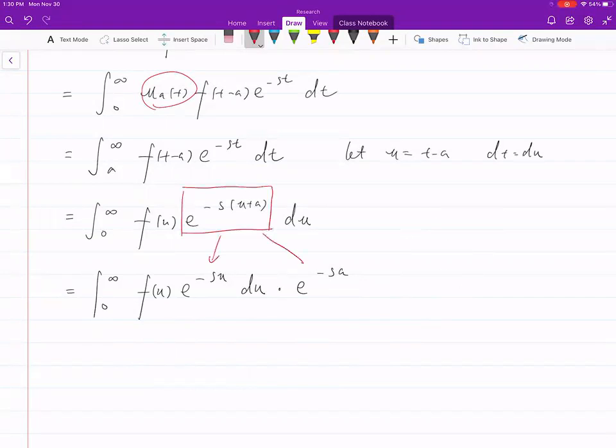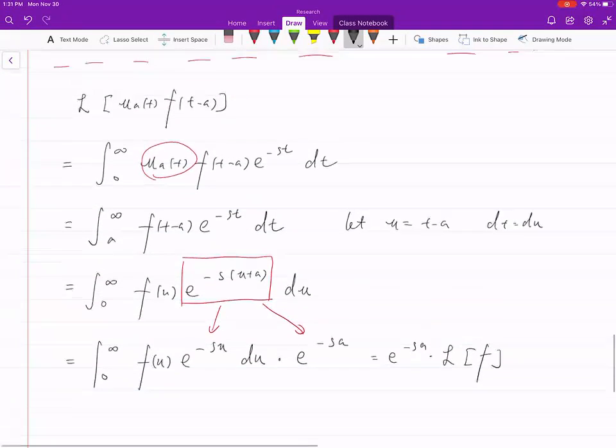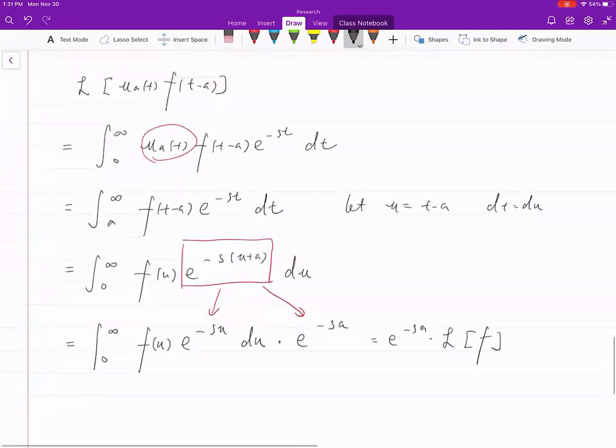One is here, one is there. This one is the integration with respect to u. That means s and a are both constant. If it's a constant, you can take it out. And of course, this one gives you e to the negative SA times LF. So that's the proof.